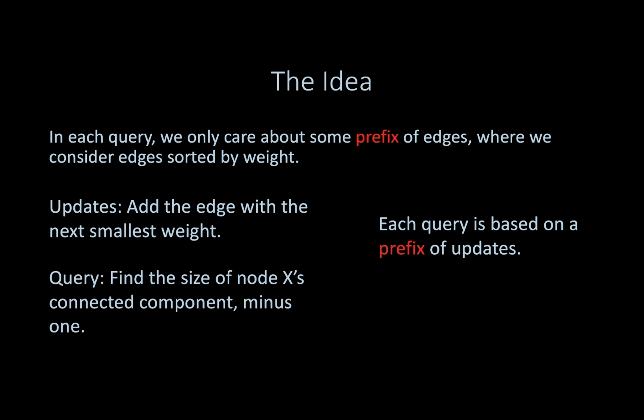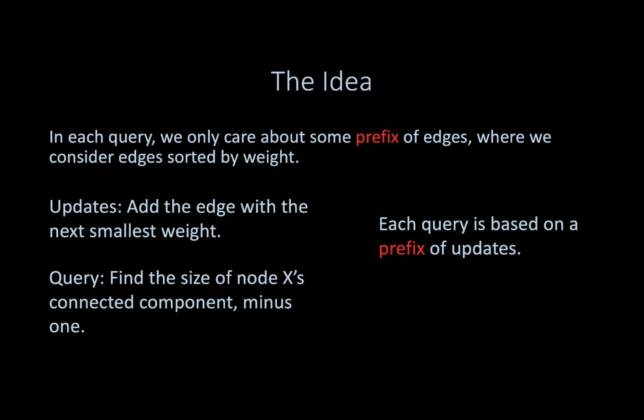So we are transforming our original problem into a bunch of updates and queries. We haven't figured out what order we're going to do our updates and queries yet, but don't worry. Our update is we insert the edge with the smallest weight that we haven't inserted into our graph yet. And our query is that we find the size of node x's connected component minus 1.